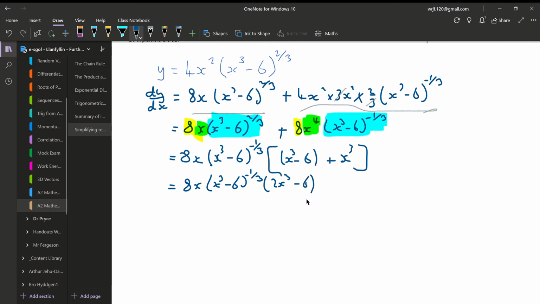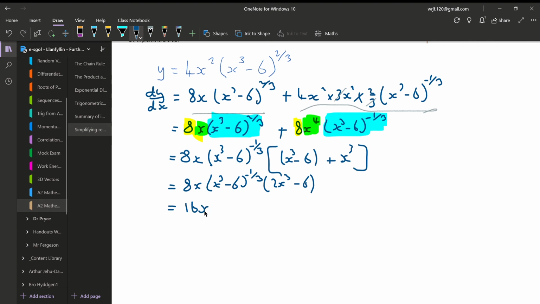There we go. What I notice about that final bracket is that it's got a common factor of 2, so that can come out, and that 2 that comes out of this bracket can join in with the number part of the original factorising I did. So that's now going to make that a 16 at the front there.